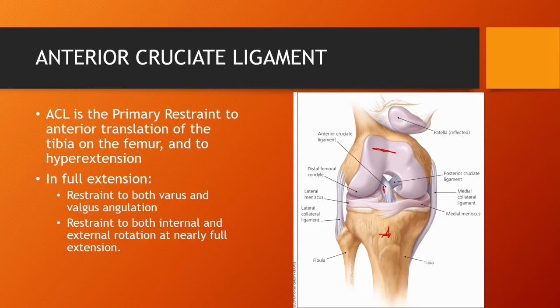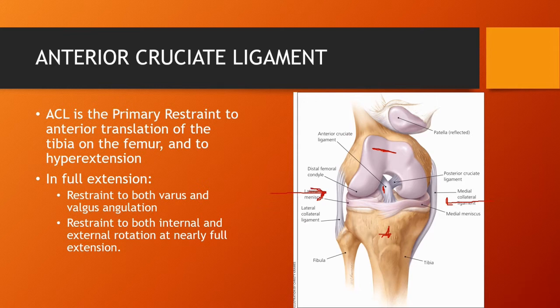Now, when the knee is in full extension, the anterior cruciate ligament provides restraint both to varus and valgus angulation. And that's interesting because the anterior cruciate ligament can be injured by both valgus and varus forces, especially when the knee is planted and in full extension.